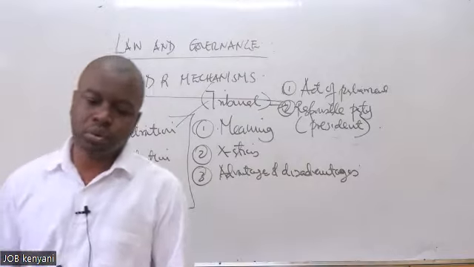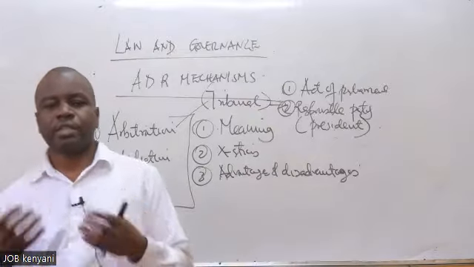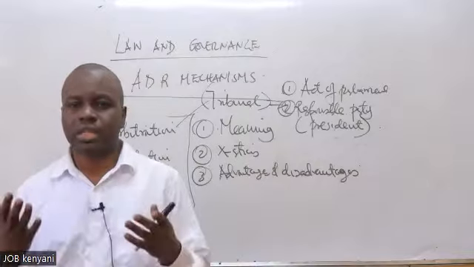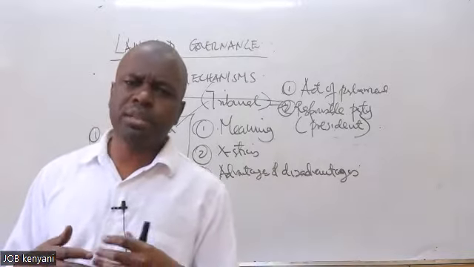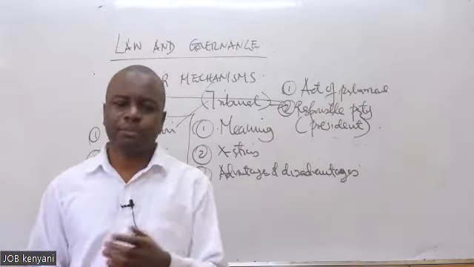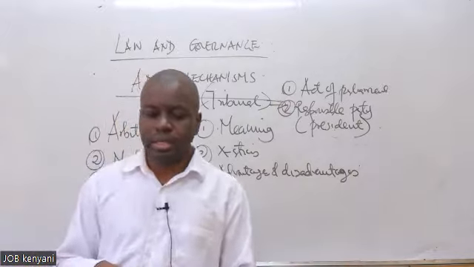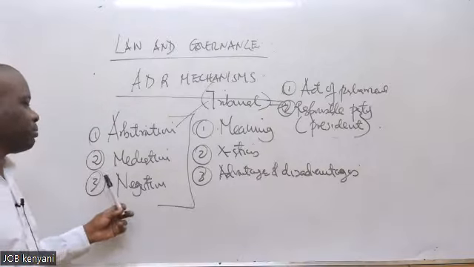So there are high levels of compliance in mediation, because the affected parties create the solution by themselves. They are not forced by any person to come up with a solution. There's only the creation of the environment by the third party, known as a mediator. That is what we mean by mediation.